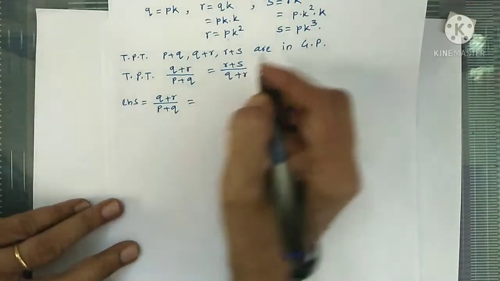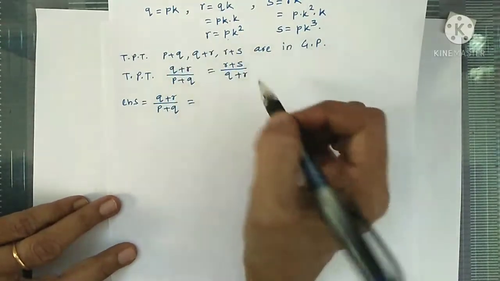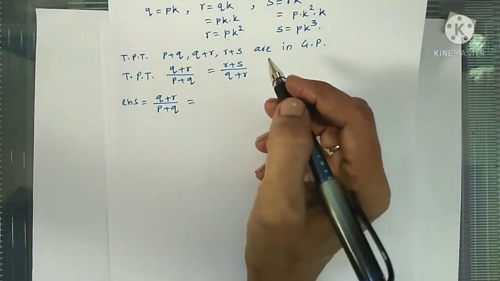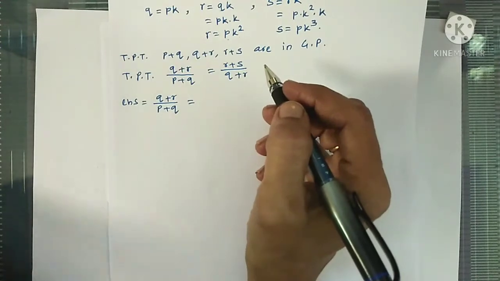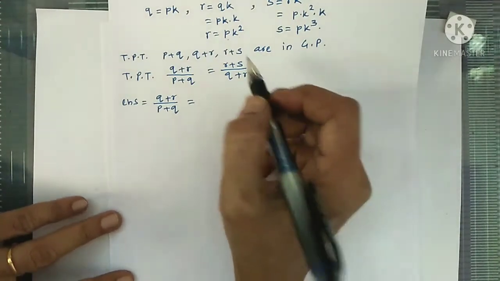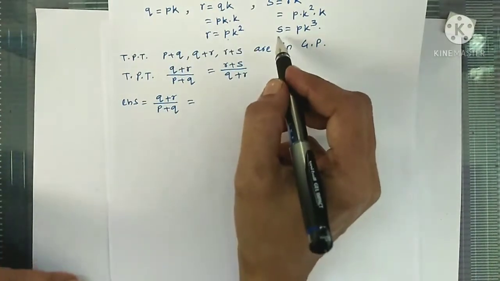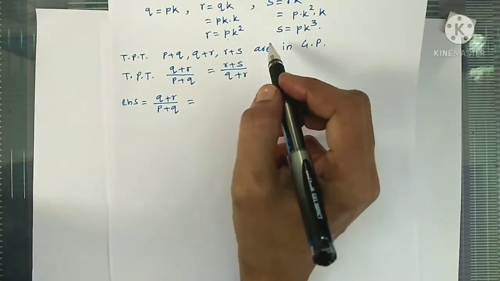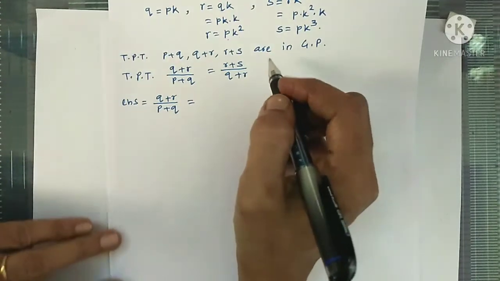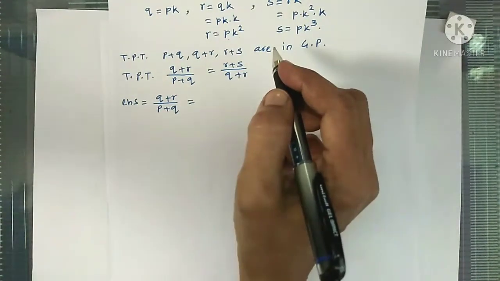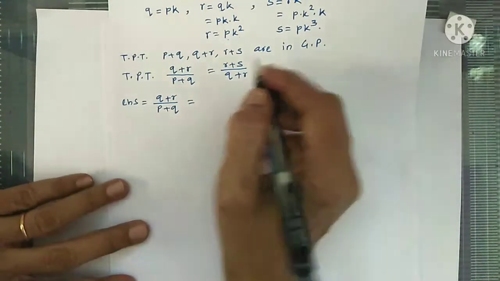Now we have values of Q, R and S. Why have we taken this? Because we have four variables P, Q, R and S. So using P and K, we are writing all the variables Q, R and S in only two variables, P and K. So here we are converting four variables into two variables.